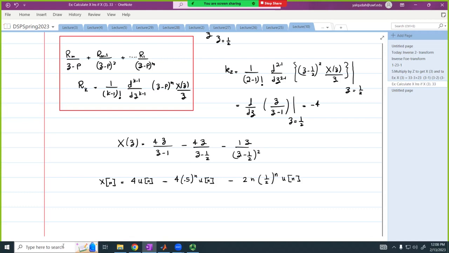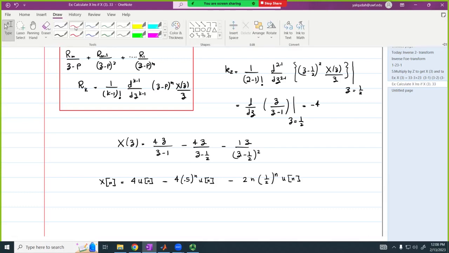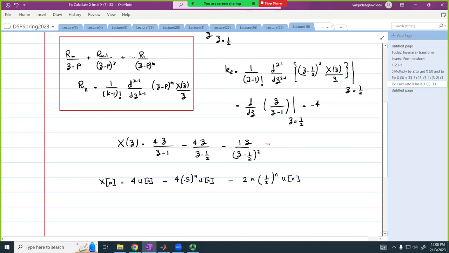And that's just a lookup in the table. Together? Is that clear? Okay, let's do one more example.